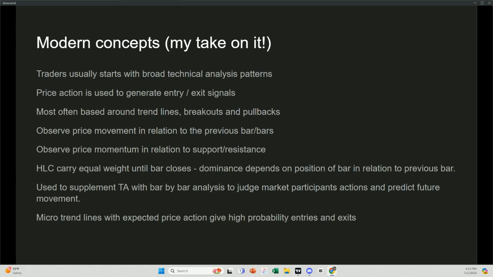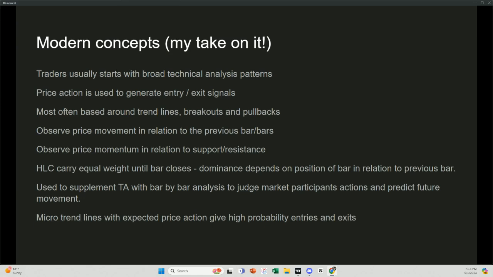So my take on modern concepts, if you like, or how to build this into your trading, is you normally start with broad technical analysis. So you're looking for your flat bases, your cup and handles, your pullbacks, or any of that stuff, same as I do. And that's where you start, and that's narrowing down what you're particularly looking at.